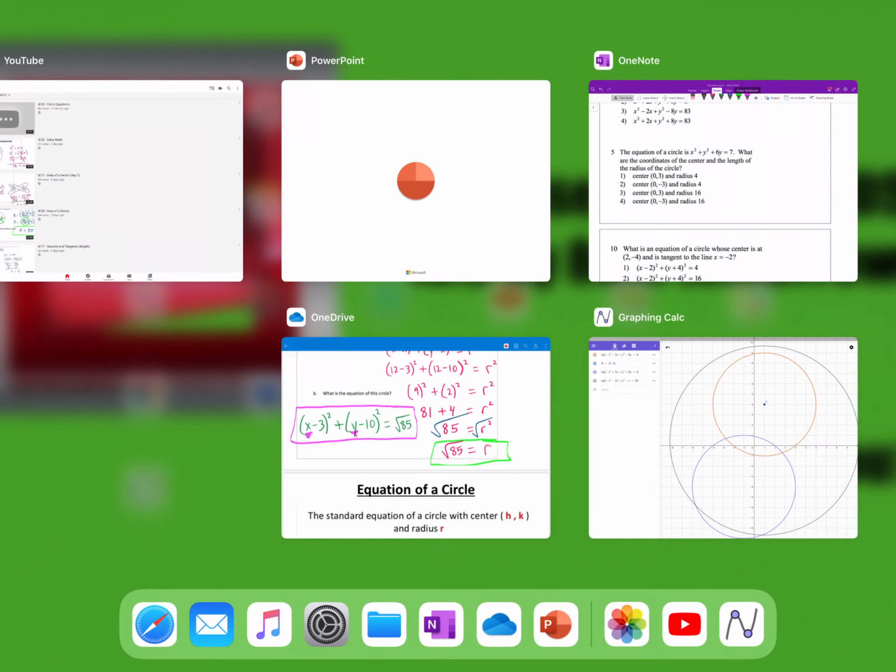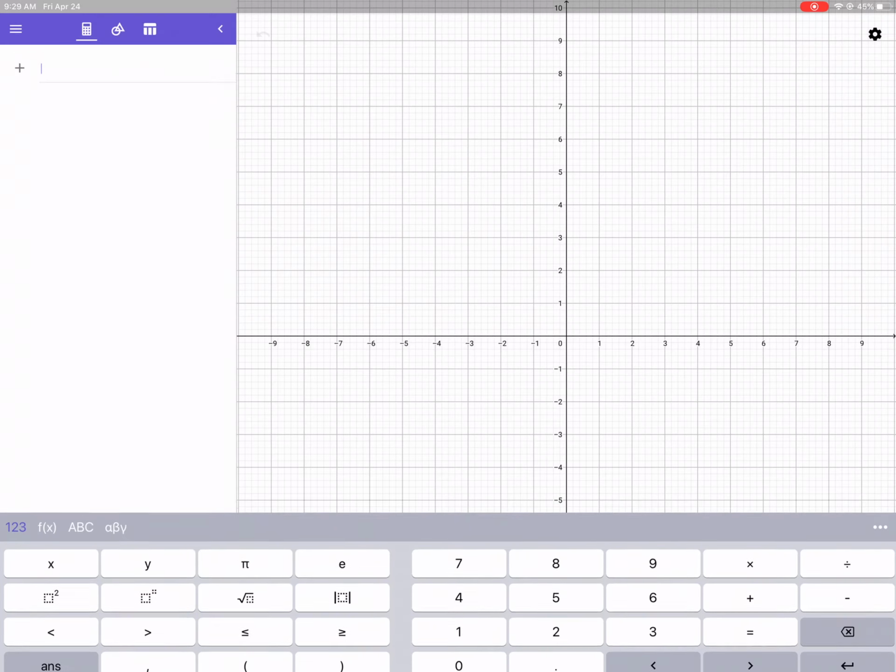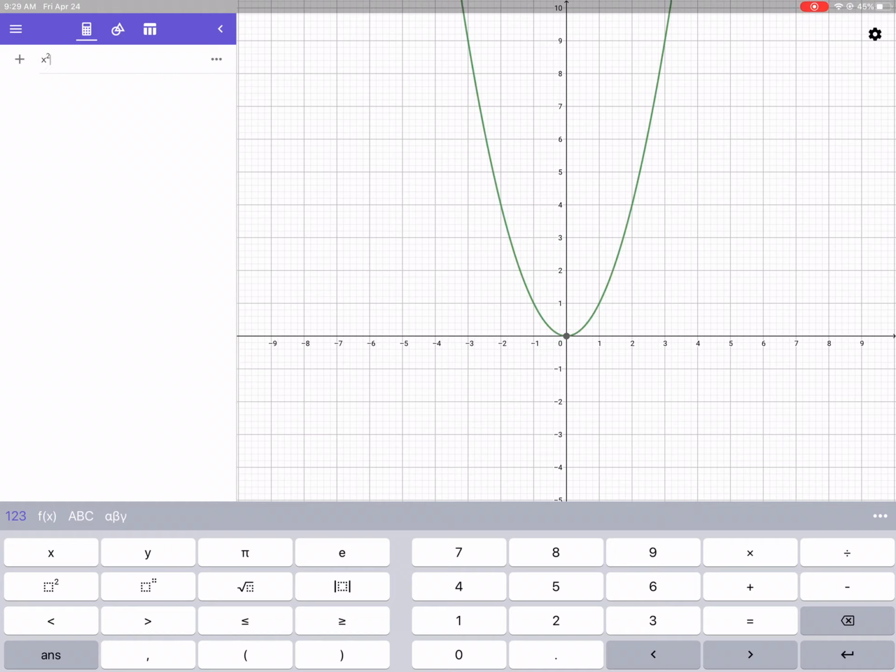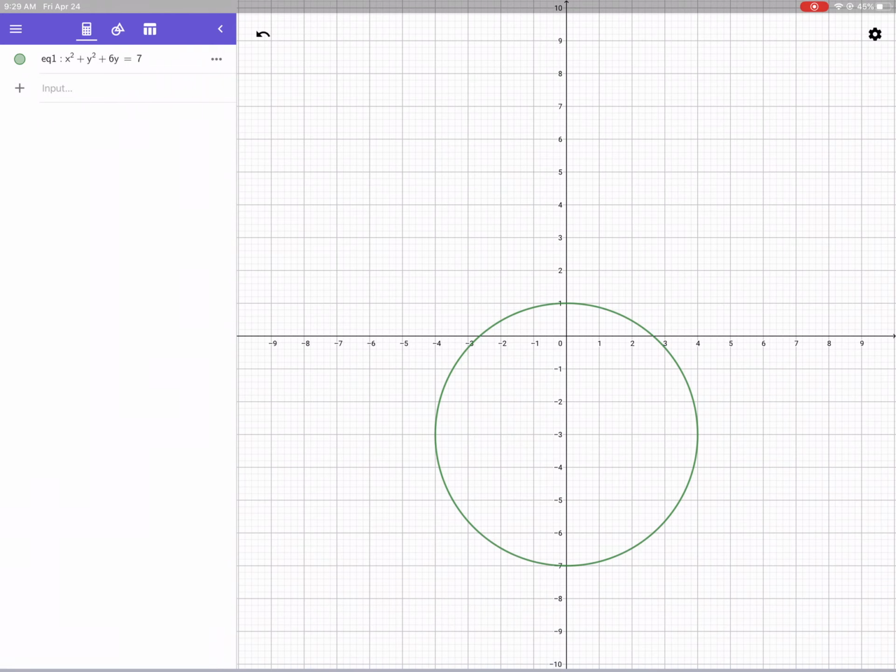Alright, so let's graph that equation in GeoGebra, clear everything out. The equation they gave us is x squared plus y squared plus 6y is equal to 7. So here is your circle.